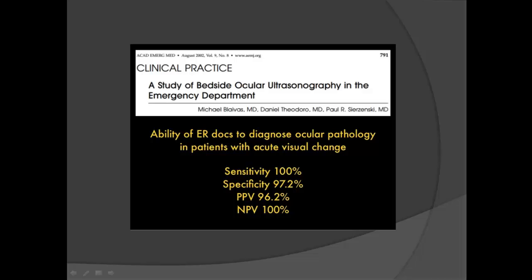Now this is also dependent on the user of the ultrasound. They took into account people who had done at least over 150 ultrasounds within the department as being non-beginners, and this is the outcome that it showed. So it is a useful tool to use for ocular pathology in the ED.